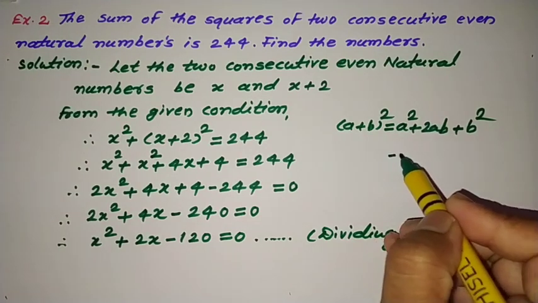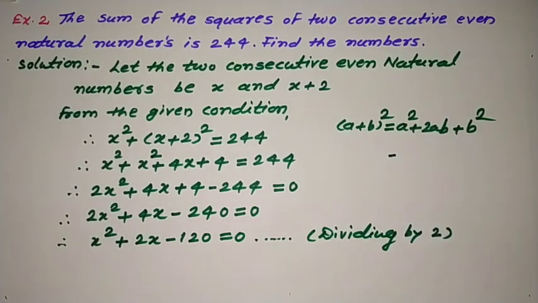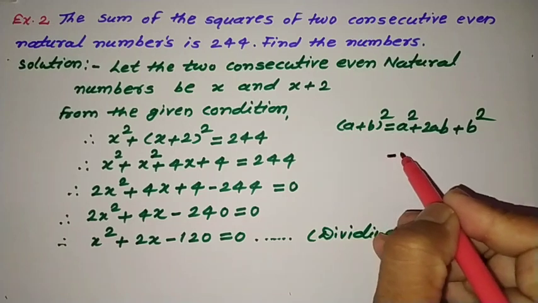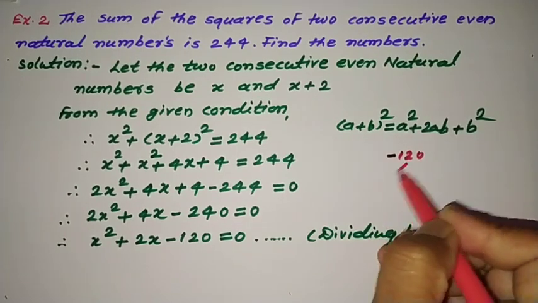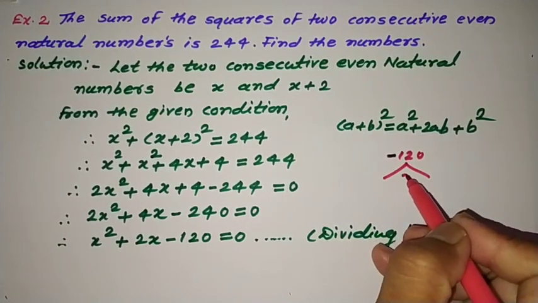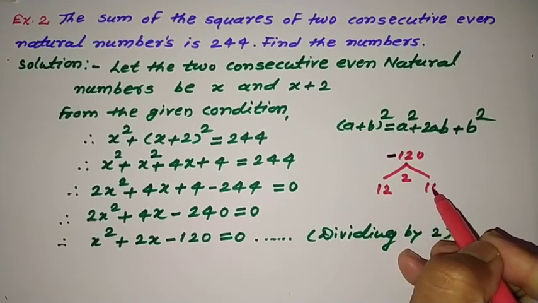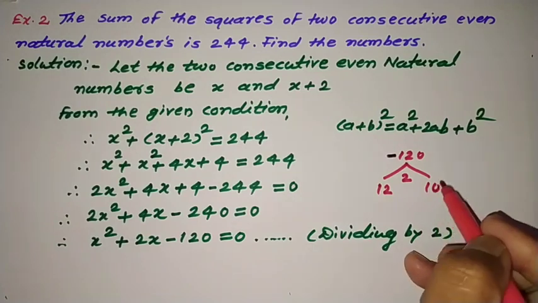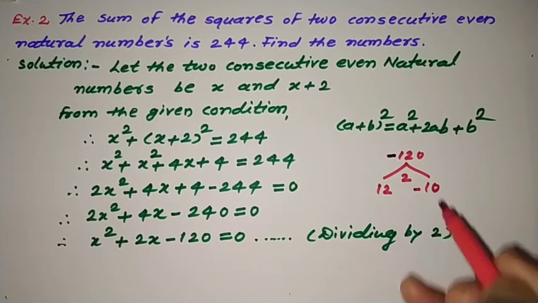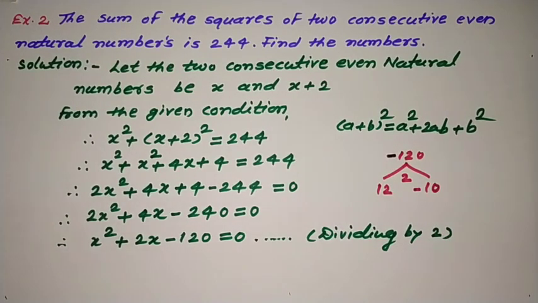The multiplication is minus 120, find two factors whose sum is 2. 12 tens are 120. Give the minus sign to the smaller factor.